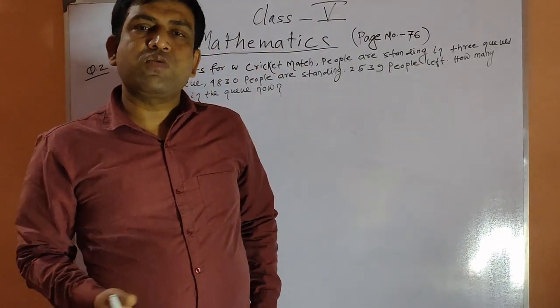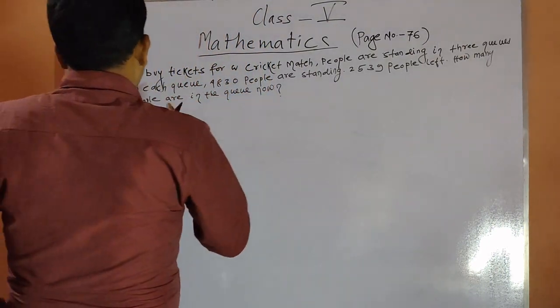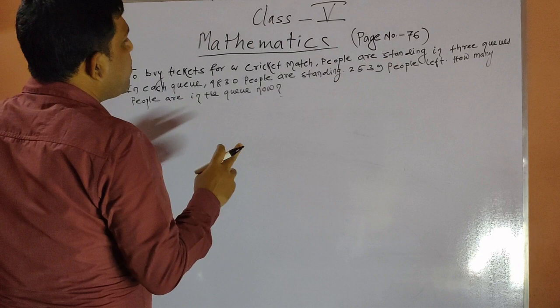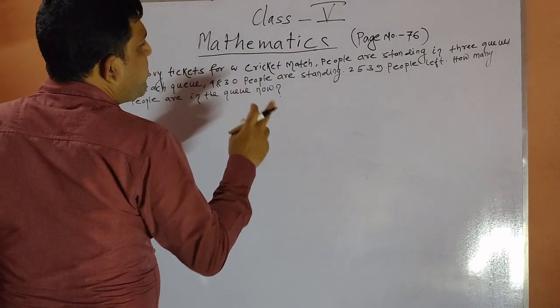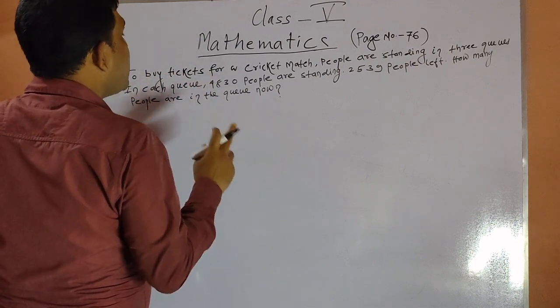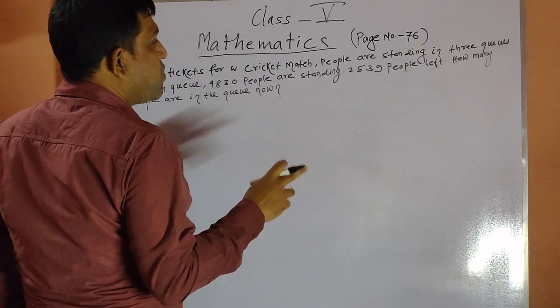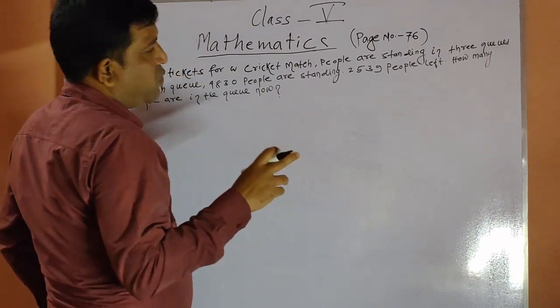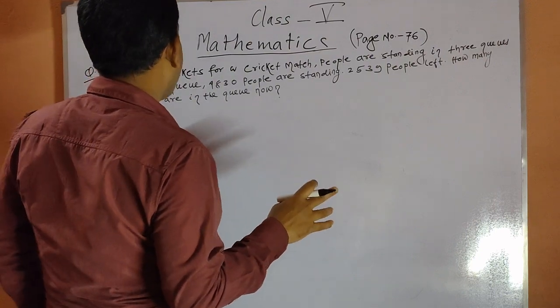Now the next question is question number 2. To buy tickets for a cricket match, people are standing in 3 queues. In each queue 4830 people are standing. 2539 people left. How many people are there in the queue?